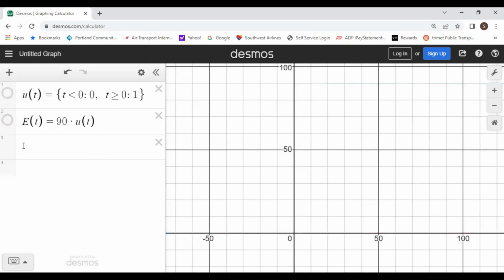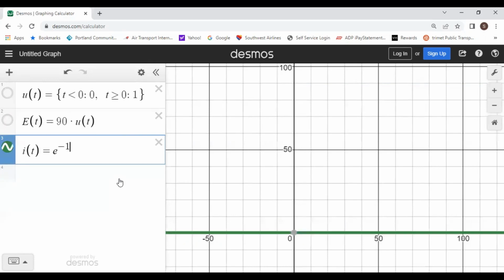Okay, now let's draw the graph of our actual function for the current that we found. So I of t is equal to e to the negative 10t. And on this, we should actually just go ahead and stipulate that we are only interested in t from 0 on, so t greater than or equal to 0.